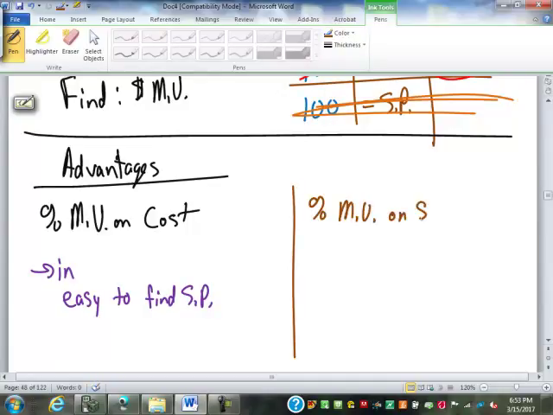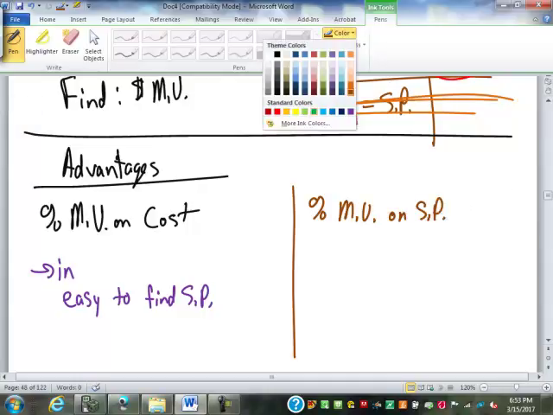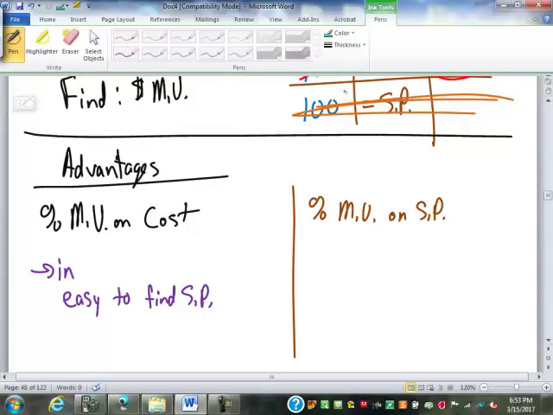Percent markup on selling price does not seem as logical, but it's actually more useful in a lot of ways. One way it's more useful is for financial reports. By that I mean generally your overhead that we talked about.